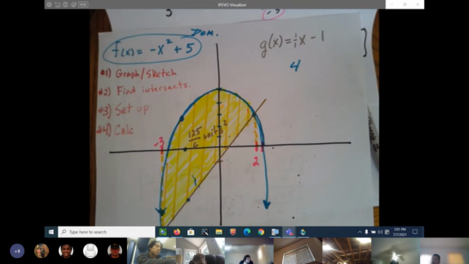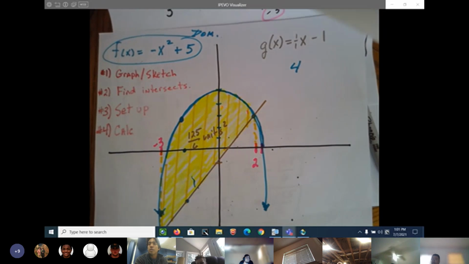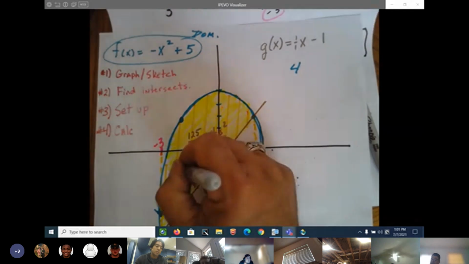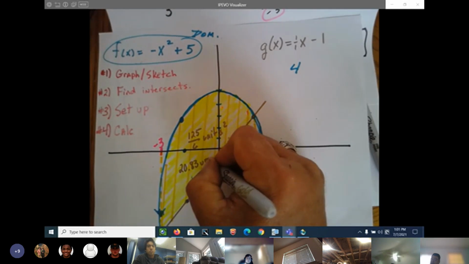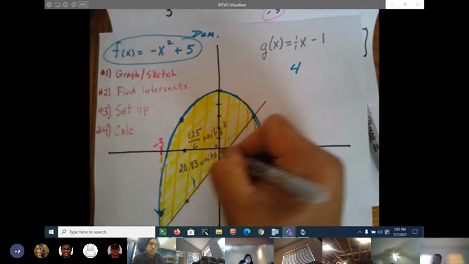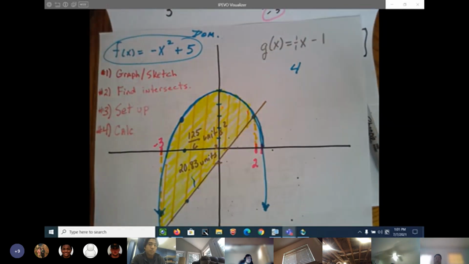Like 20, what? 20.83. 20.83? So about 20 square units, 21 square units.